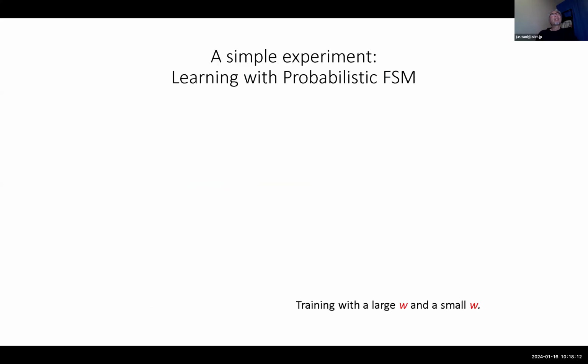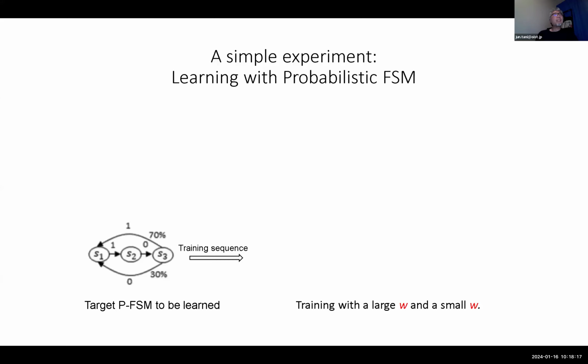Okay, and the simple experiment we have done is something like this. This is a probabilistic finite state machine, like 1, 0, then after that 1 is 70% and 0 is 30%.